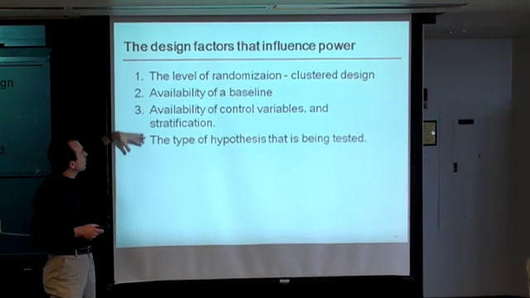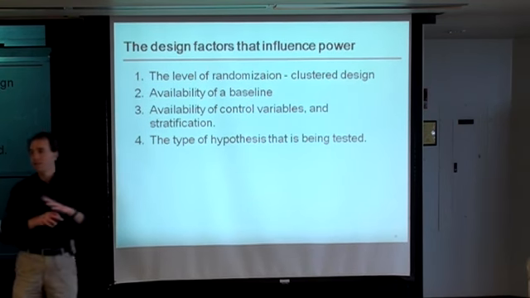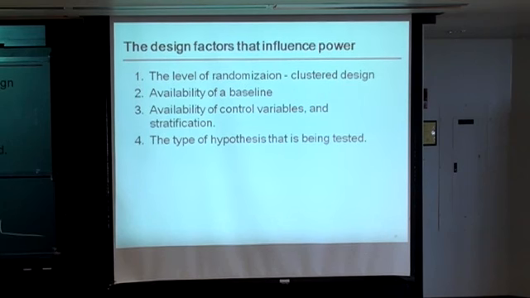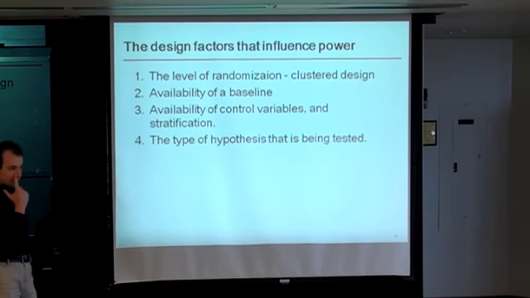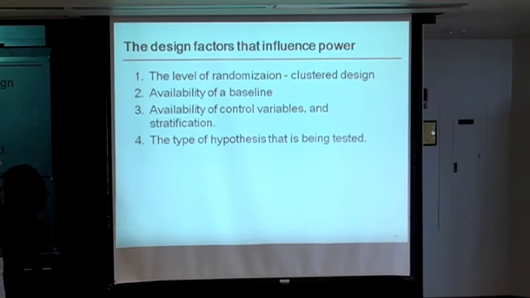All four of these, for a given outcome variable and a given effect size, are going to affect how powerful our experiment is. Given that I may not have time to finish everything, the one that I want to focus on is the clustering issue. This is the biggest one for designing experiments, and it often makes a big difference.